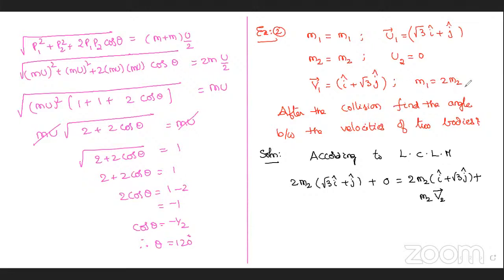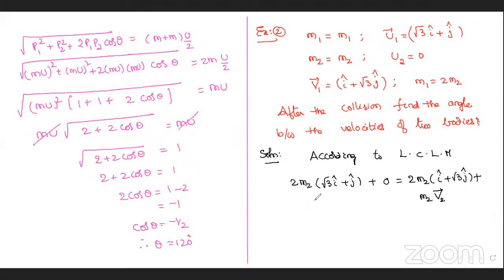V2, do you know here from the information? V2, sir, no idea. V2 is right. So I think your method is right, but V2 we don't know. That we can find from your equation.